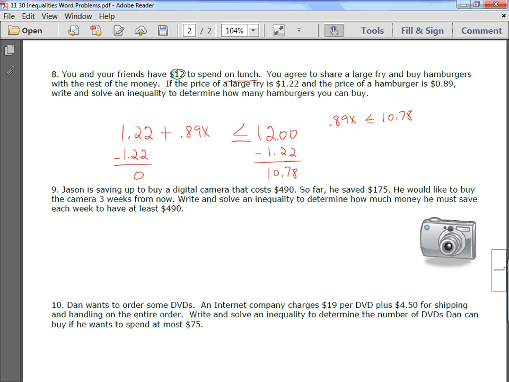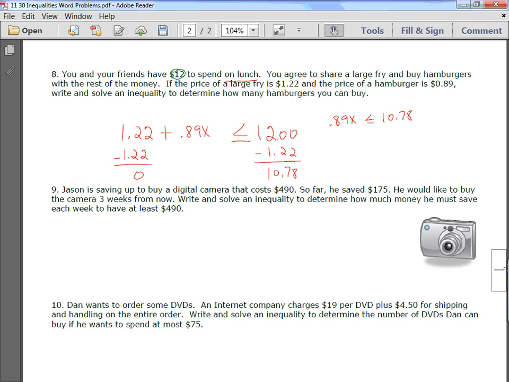When I divide 10.78 by 0.89, we get 12.11.